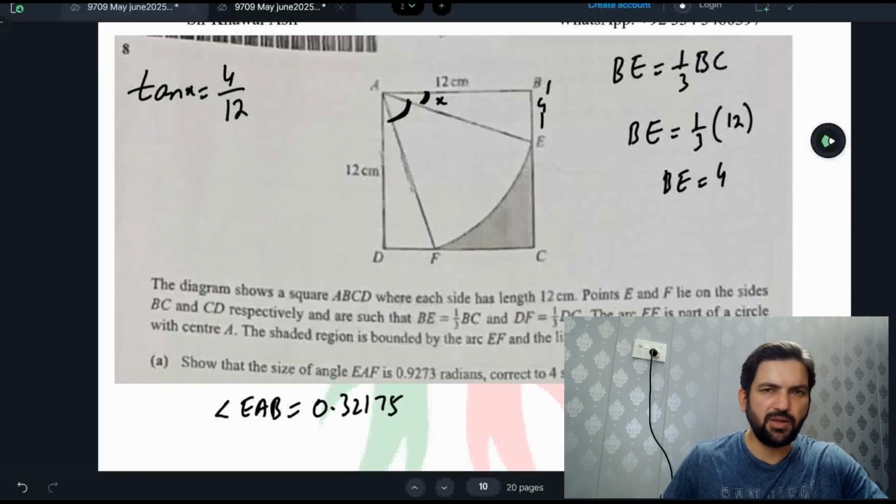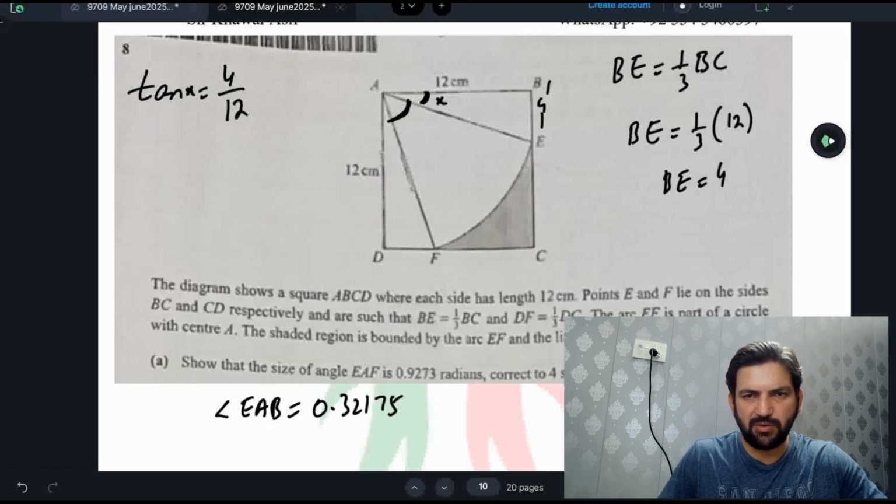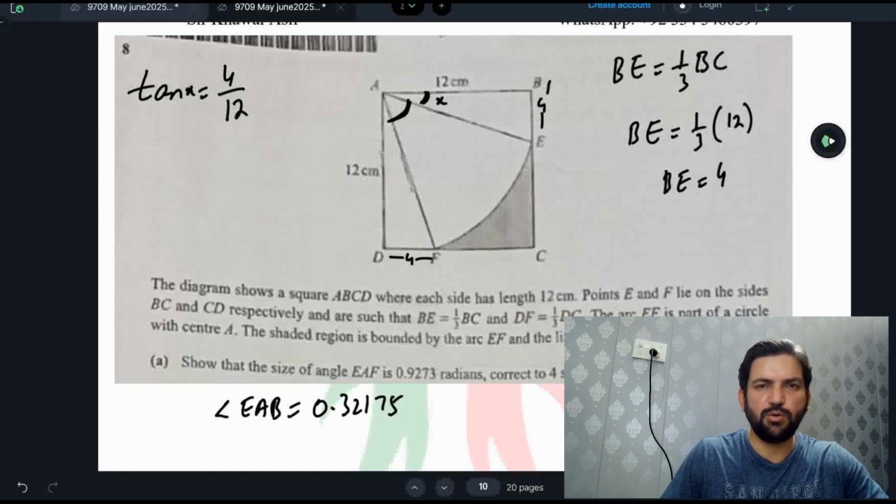Now from here we can say that overall, the same is over here, DF is also 1 by 2 DC. So 1 by 2 DC means that this length will also be 4. So it means that this angle will also be equal to x.